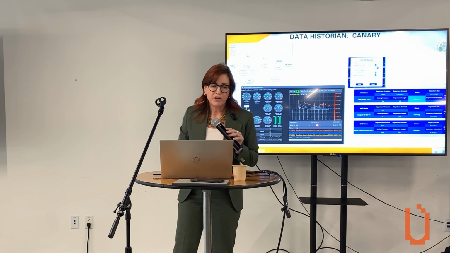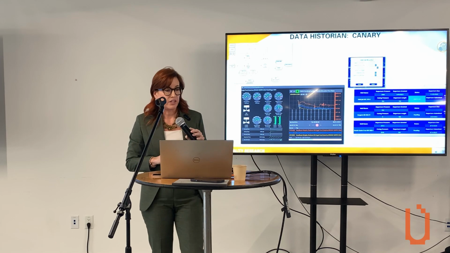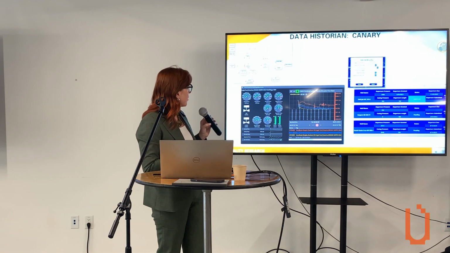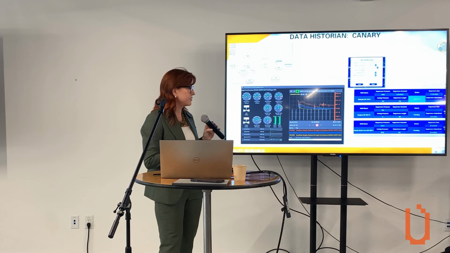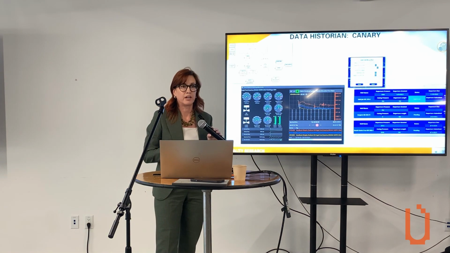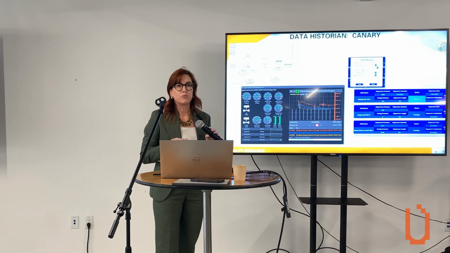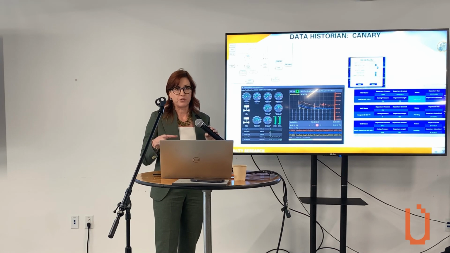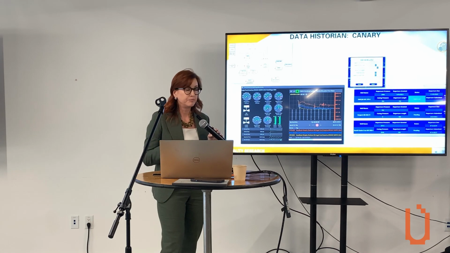And here's just a couple of other examples that we've worked with that use historian data. On the left-hand side here, this is an Axiom dashboard. Axiom is a visualization tool by Canary, which makes one of the historians that we work with. So they've got their own visualization tool that you can put on top of their data.